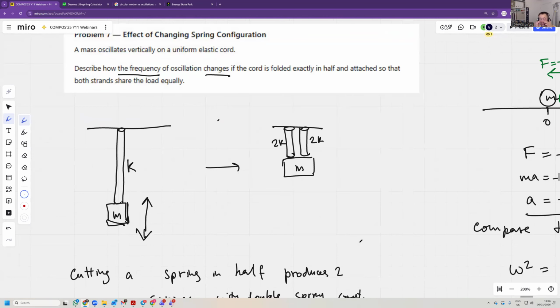We know from the previous assignment that two springs in parallel have a combined spring constant, so the total stiffness is 4K.